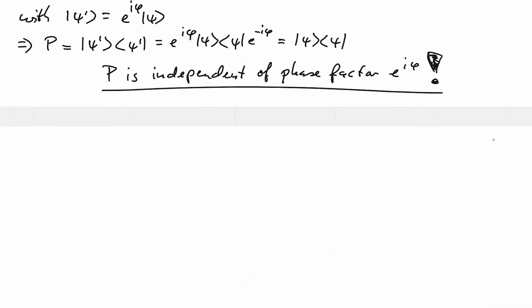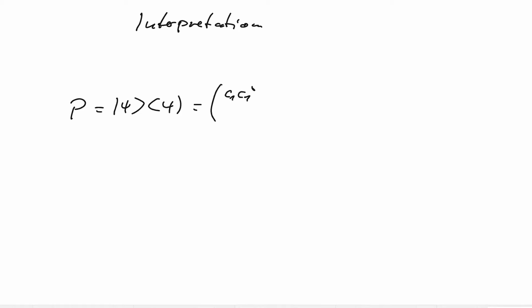Well, we have the statistical operator P, psi, psi. And okay, I write down the coefficients again: C1 C1 star, C1 C2 star, C2 C1 star, C2 C2 star.